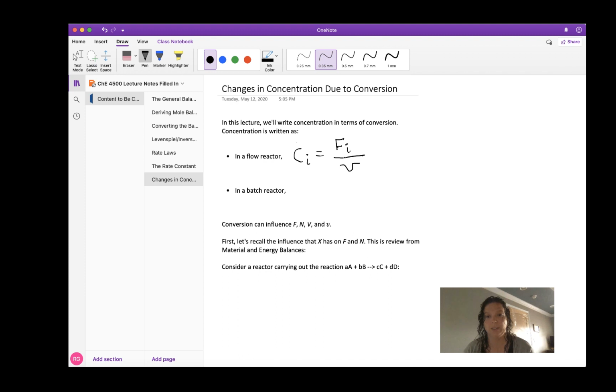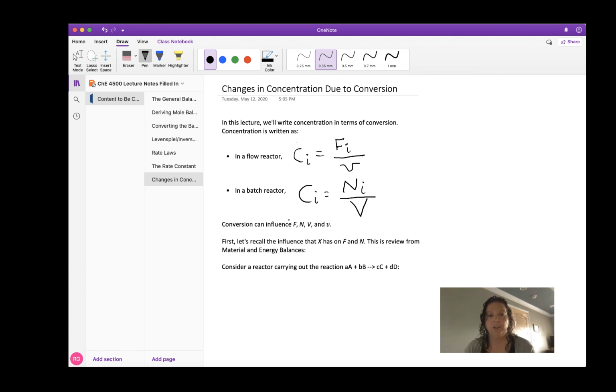Recall that script V is the volumetric flow rate. In a batch reactor, we don't work in terms of flow, we work in terms of number of moles, and we denote that with capital N. So the concentration is equal to Ni over V. So concentration is equal to the moles present divided by the volume.